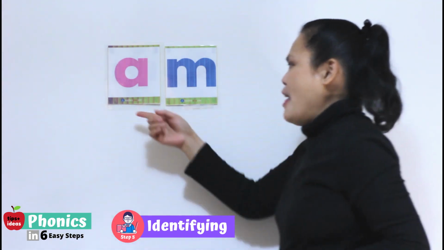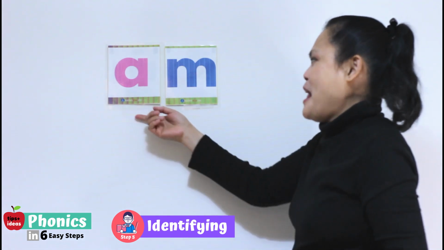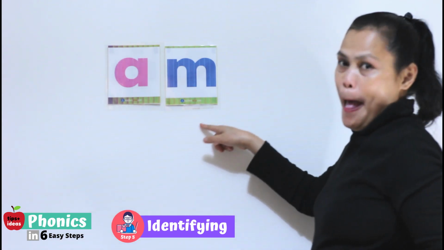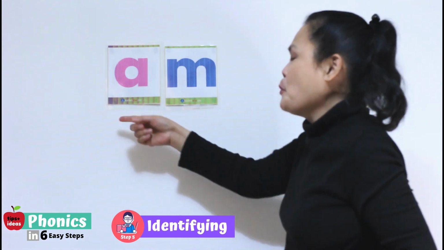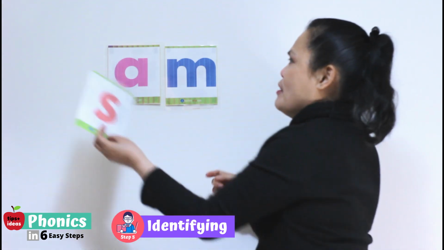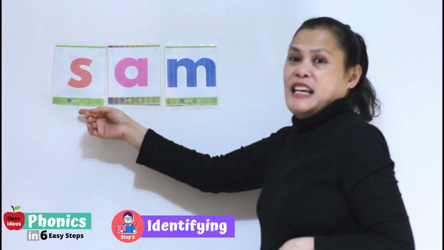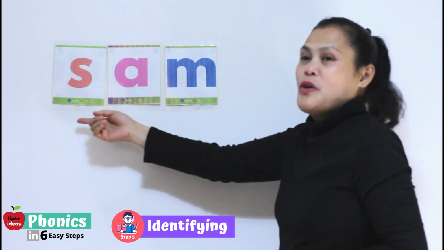Is this am? Yes, that's right. It's am. What word? Am. Is this Sam? No, it's not Sam. What word? Am. Is this Sam? Yes, that's right. What word? Good. It's Sam. Again, what word?